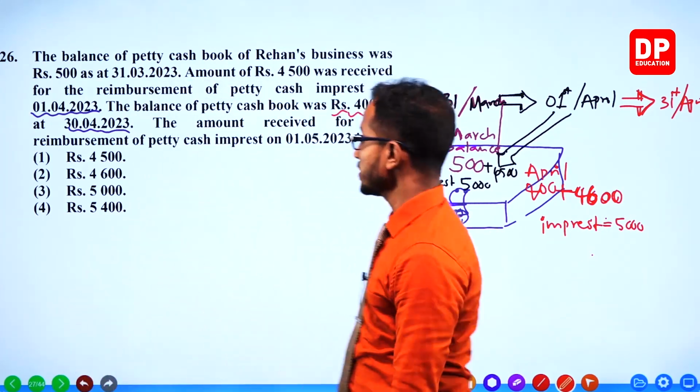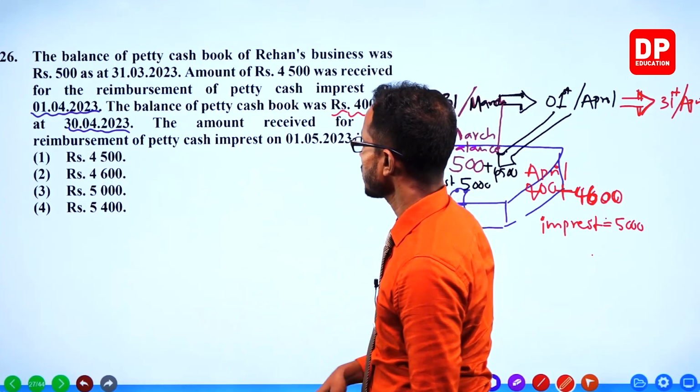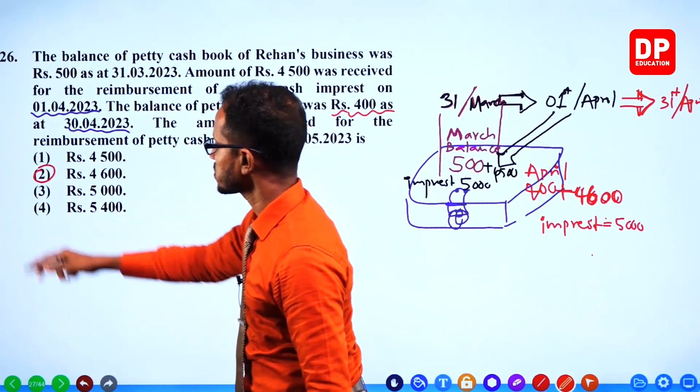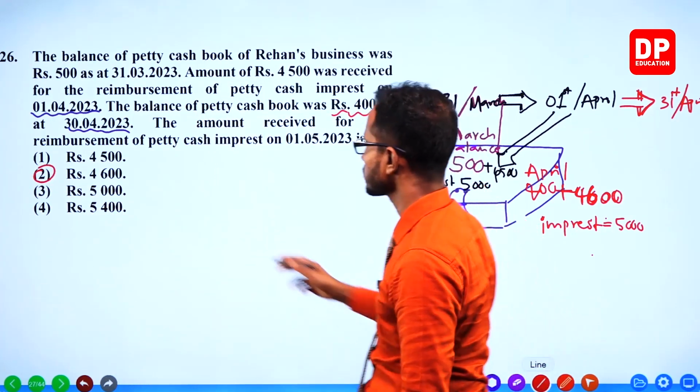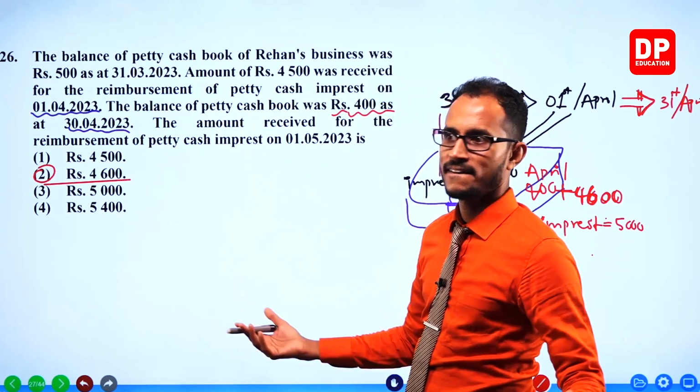Where's the answer? Reimbursement of petty cash interest 1st May, 4,600. Yeah, that's it.